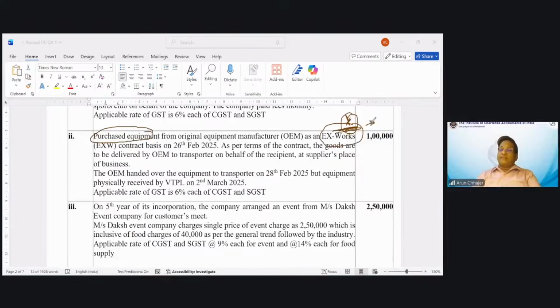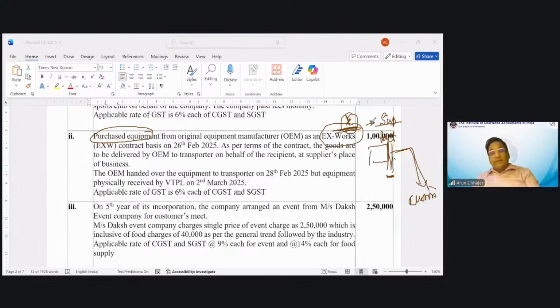See, this is factory, and let's say this is the customer. When the supplier removes the goods from the factory, risk and reward, ownership is being transferred to the customer at this location only.